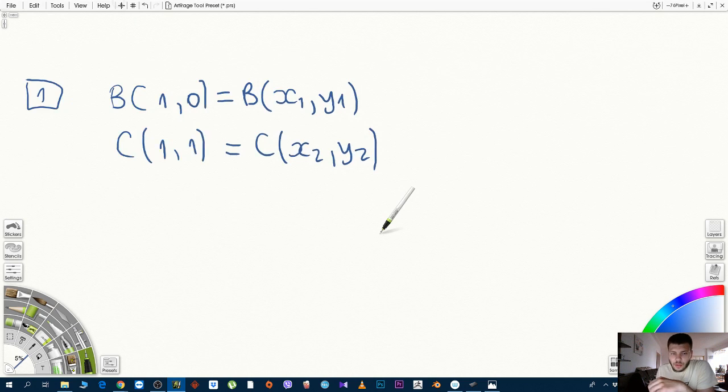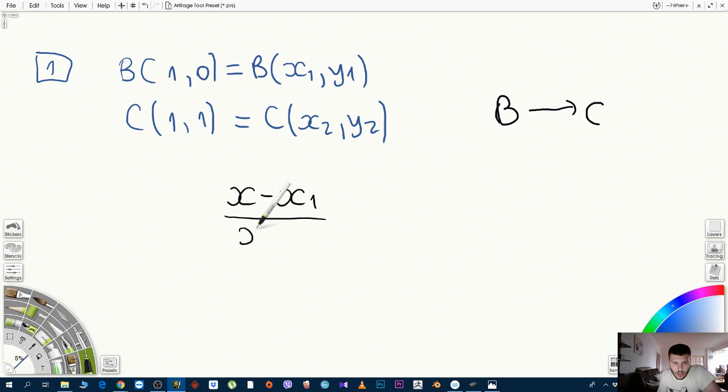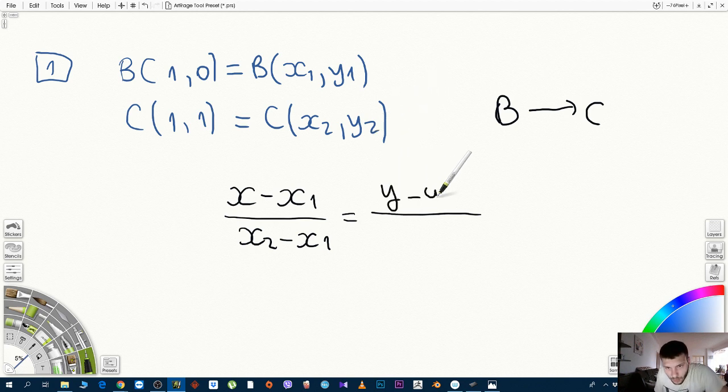So we need an equation of straight line from B to C. x minus x1 over x2 minus x1 is equal to y minus y1 over y2 minus y1 is equal to t.